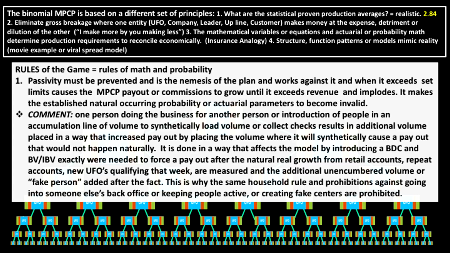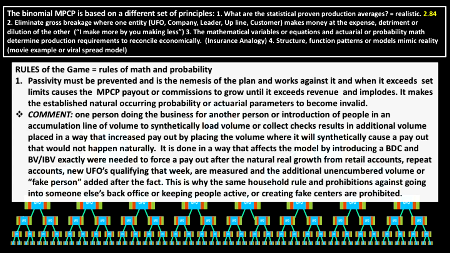So it's done in a way that affects the model by introducing a BDC and BV or IBV exactly where it needs to go to force a payout after the natural real growth from retail accounts, repeat accounts, and new UFOs qualifying that week are measured. The additional unencumbered volume, unencumbered meaning unsold, bought orders, is placed into a fake person, or maybe one of your own centers or a relative, and added in after the fact. They see the way it is and they're able to place that volume.